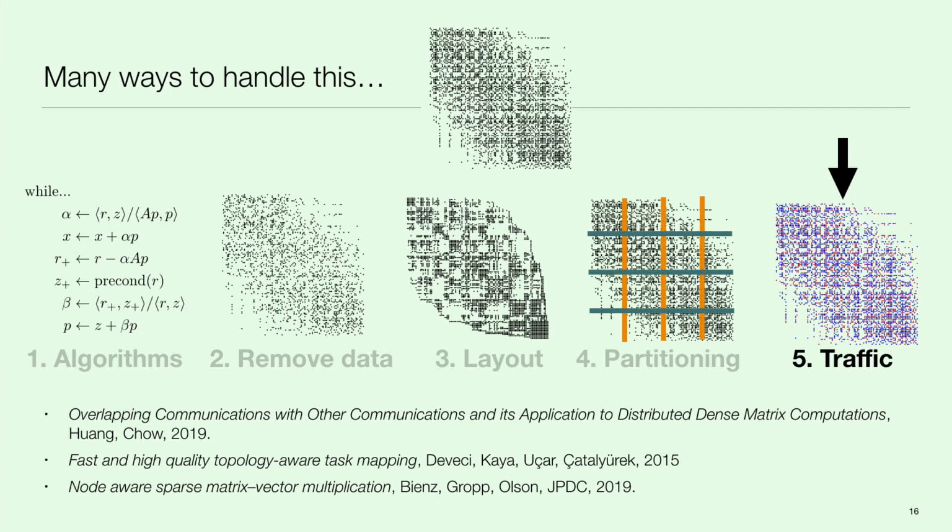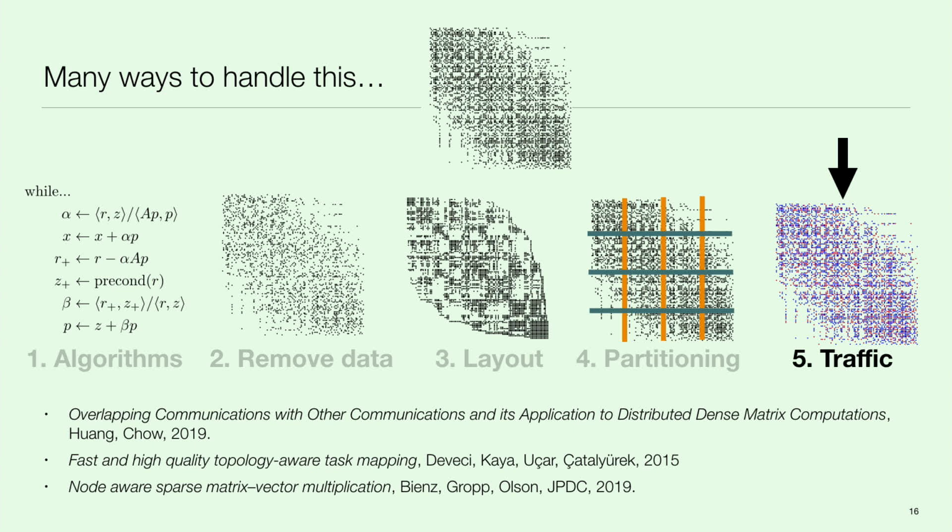And then there's traffic. So given a particular algorithm, there's a bunch of communication. How do we handle that type of traffic in the network in a sensible way? There are ways of, like the title, so I posted that one twice, overlapping communication with communication. That's a nice article.